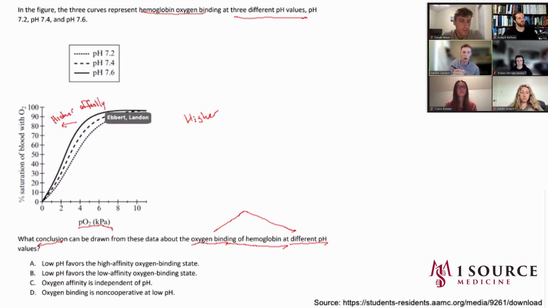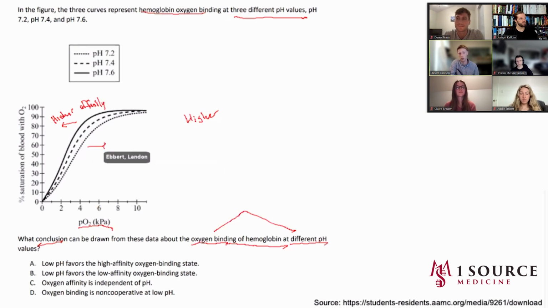And just to recap how I intuited that, I just thought, well, would something with a higher affinity for oxygen be able to bind at a lower partial pressure or a higher? Which one would a higher affinity hemoglobin be able to operate at? And I would say it would be able to bind at a lower partial pressure of oxygen. So that's why I would say a higher affinity would be off to the left, which would mean that the lower affinity would be off to the right.